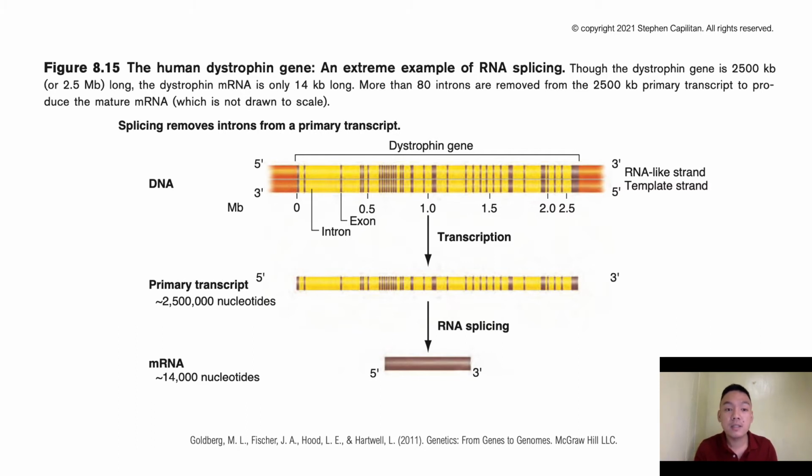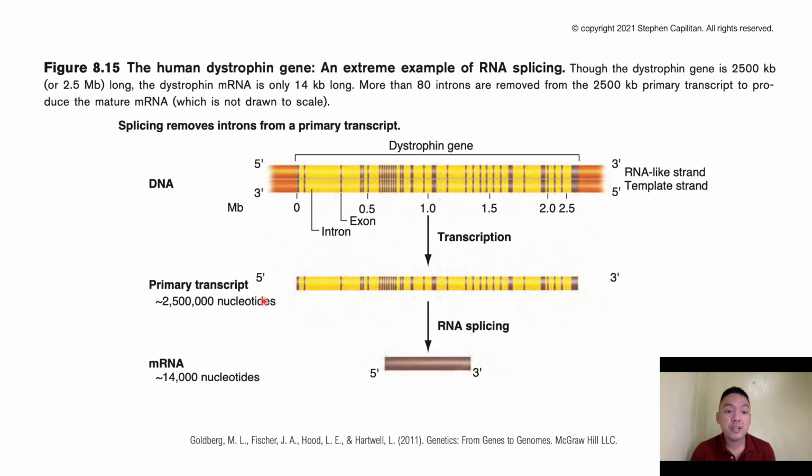Now we'll take a look at this human dystrophin gene, which is an extreme example of RNA splicing. This dystrophin gene is around 2,500 kilobases long, and the dystrophin mRNA is only 14 kilobases long. More than 80 introns are removed from the 2,500 kilobase primary transcript to produce the mature mRNA. So this is your dystrophin gene, with introns in yellow and exons in brown.